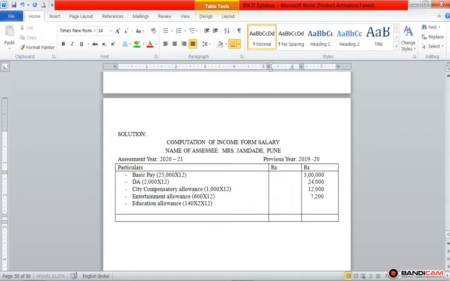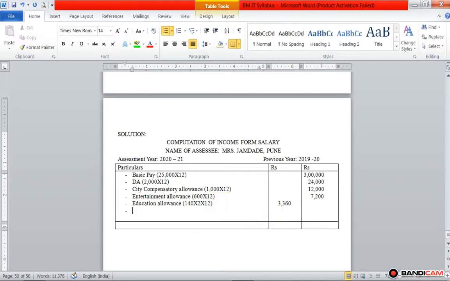So in the inner column, because it is partly taxable and partly exempted allowance, here 3360. Then we get a deduction, less exemption. The exemption for education allowance is 100 rupees per month per child, maximum two children, multiplied by 2 multiplied by 12.